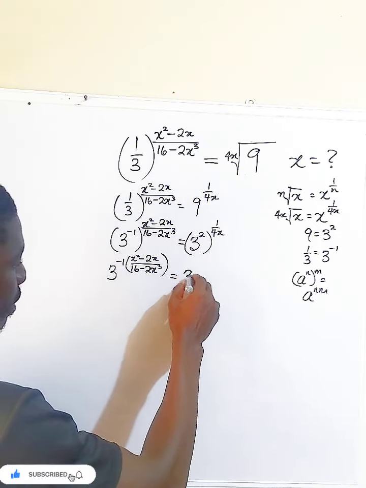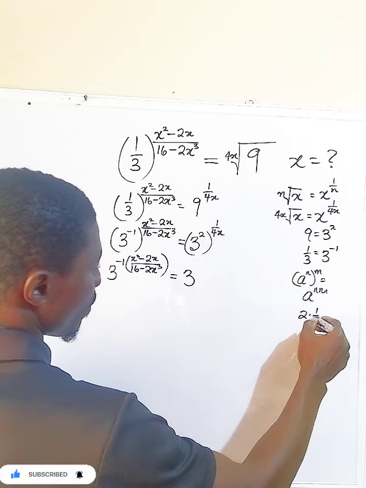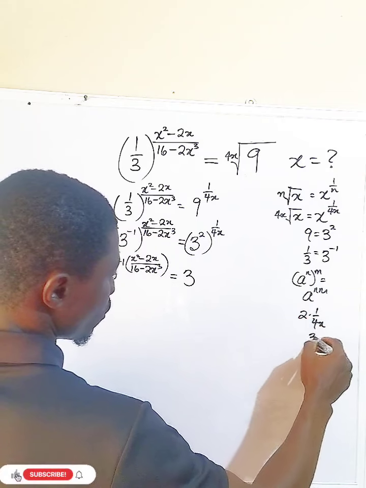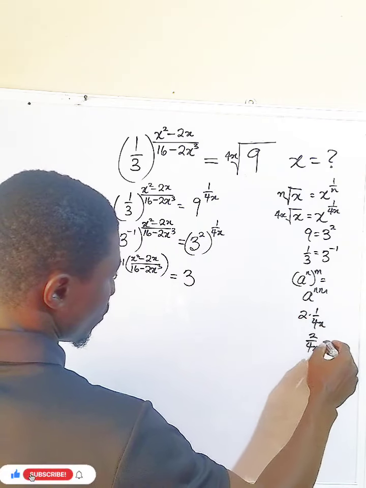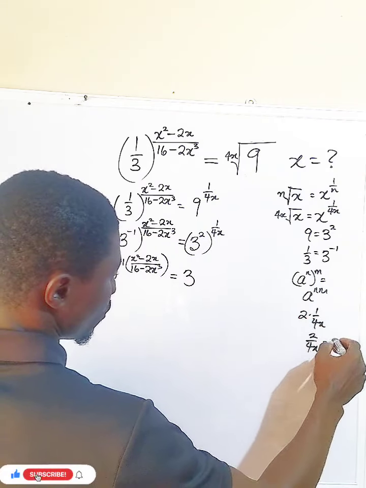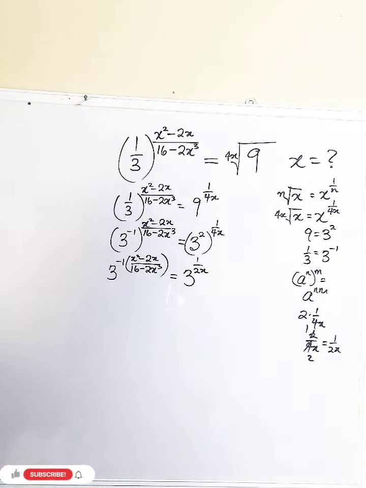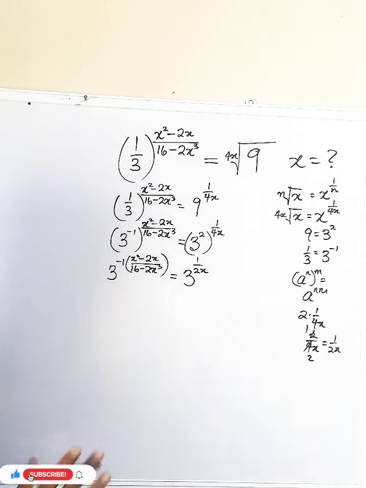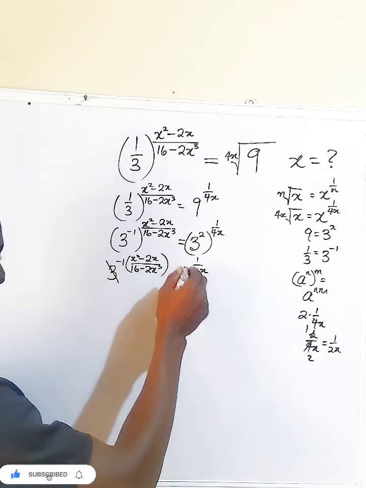Now when we have 2 times 1 over 4x, it is the same as 2 over 4x, which we reduce to 1 over 2x, because 2 into 2 is 1, 2 into 4 is 2. So here we have 1 over 2x.